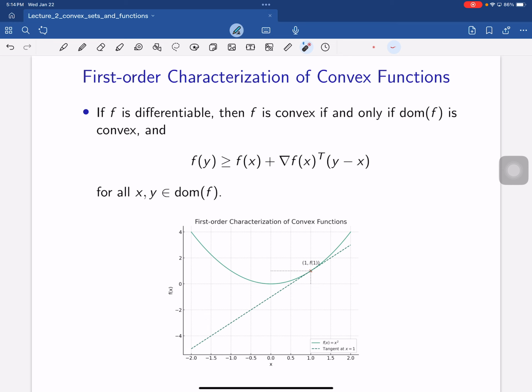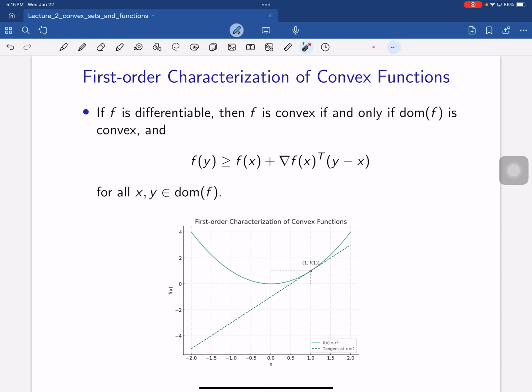So here, as you can see, the right-hand side is the first order approximation, right? You have a Taylor series expansion at f of x, and then take the gradient of f at x, and then for any arbitrary perturbation, y minus x is how much you are going to perturb x, right?